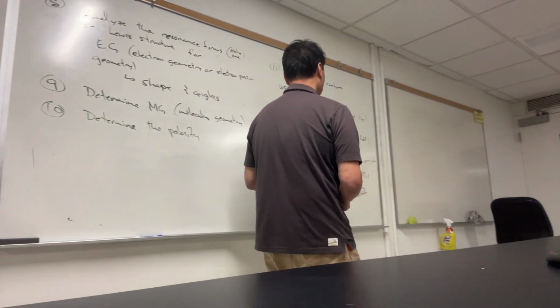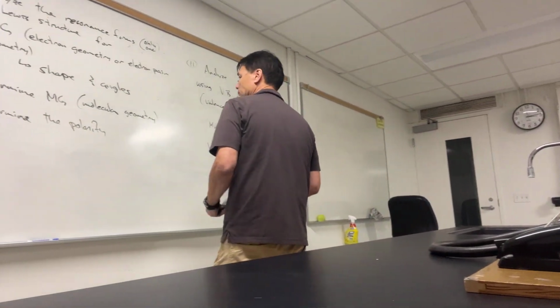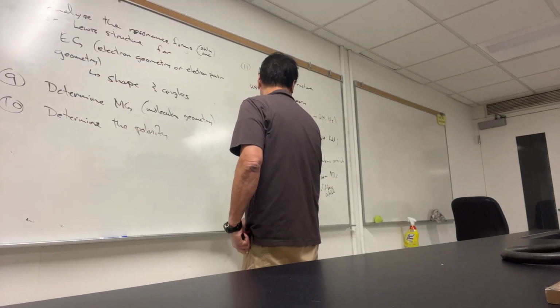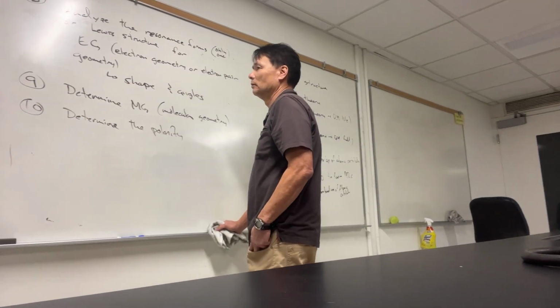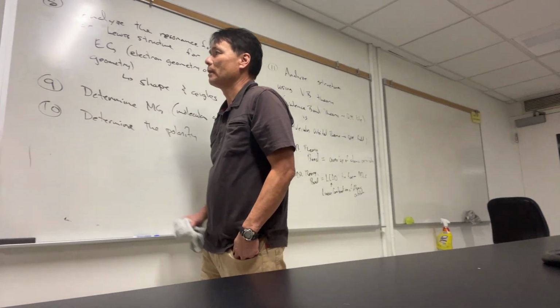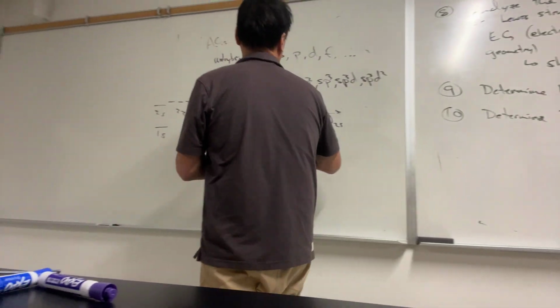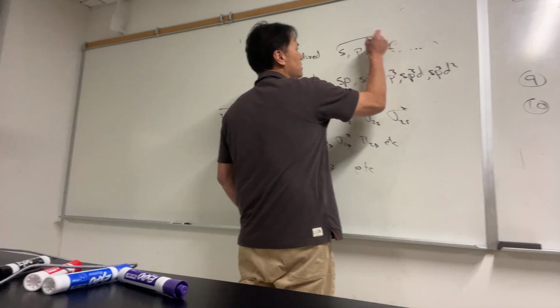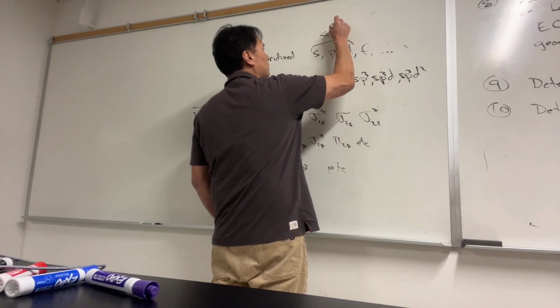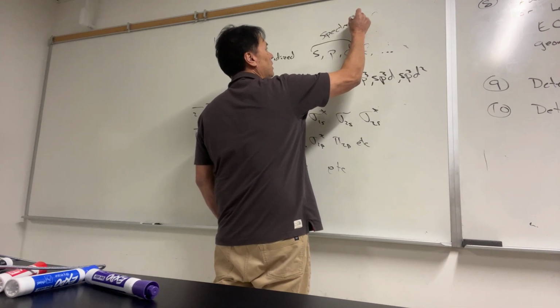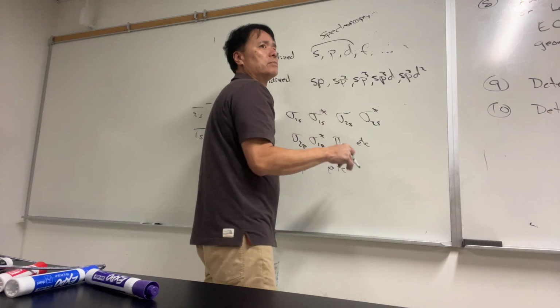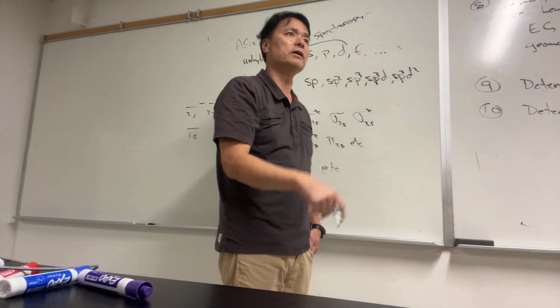Why is the order what it is? Why is it S, P, D, F, G, H, and then it follows the alphabet, but it starts with S, P, D? SPD comes from spectroscopy. They didn't know this stuff, but they could measure the spectrum of it.